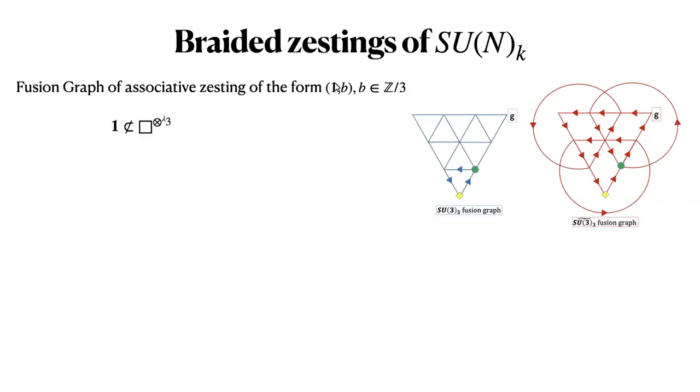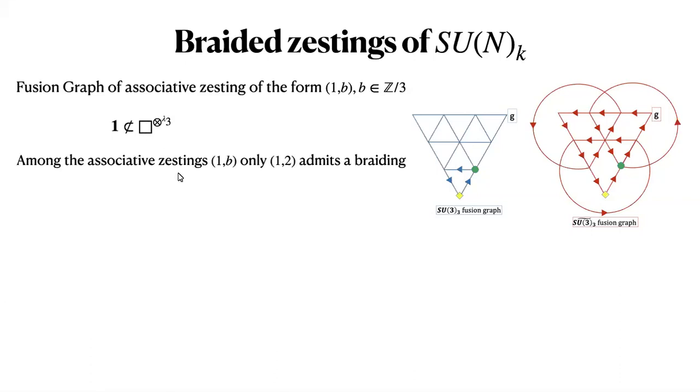But when you zest, now for the new standard representation, the order is bigger. I think it's, if I remember correctly, 9. So one of the things that happen is that if you apply the new standard representation 3 times, the trivial object is not inside.